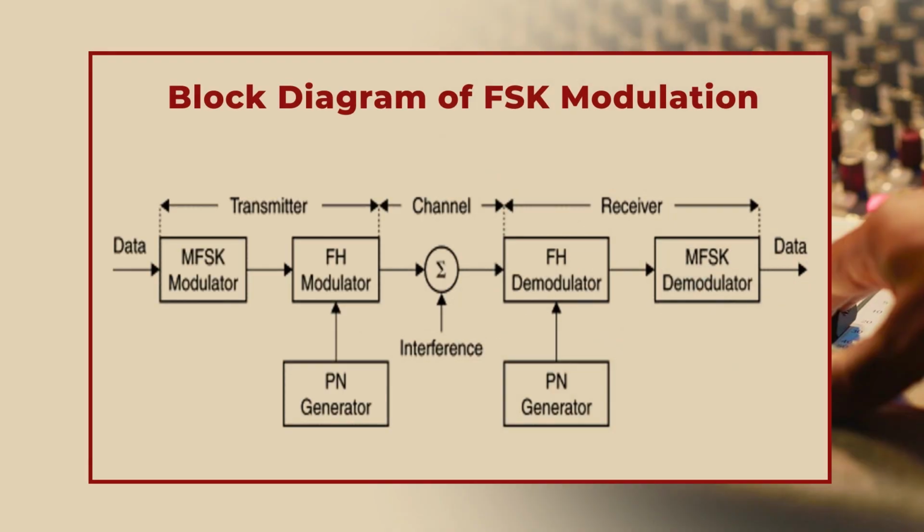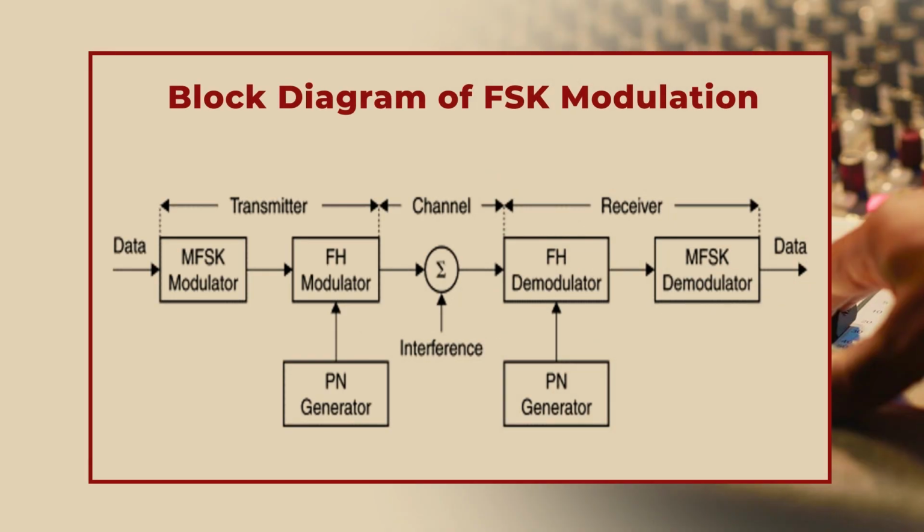Its simplest form is known as binary FSK, where two distinct carrier frequencies are used. However, more complex forms like multi-frequency shift keying use multiple frequencies to represent more than one bit at the same time. Here we discuss the block diagram of FSK modulation.